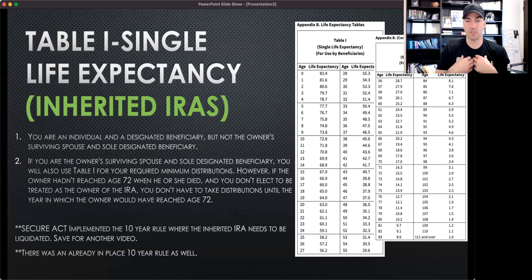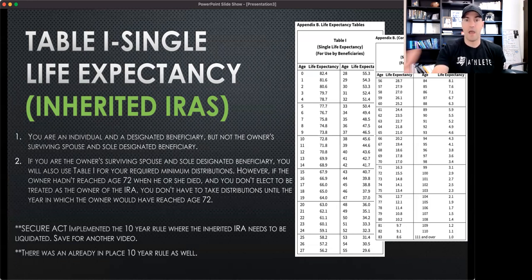If you're the spouse of an IRA owner, they're going to create the beneficiary designation with the custodian holding the IRA, and you can essentially assume that IRA and it basically becomes yours. So in this case, if you don't elect to be treated as the owner of the IRA, you do not have to take distributions until the year in which the owner reached age 72.